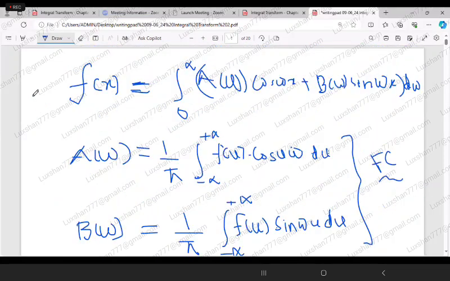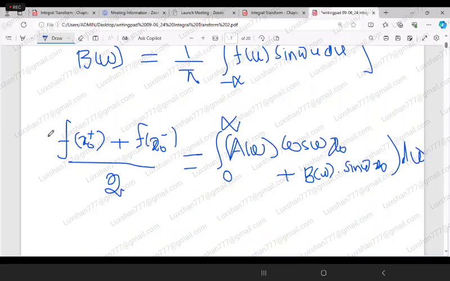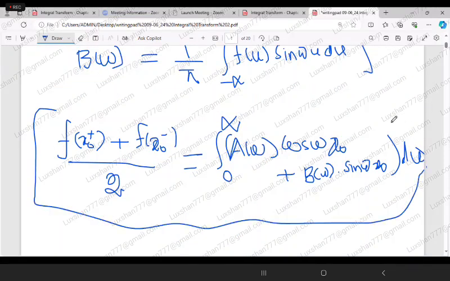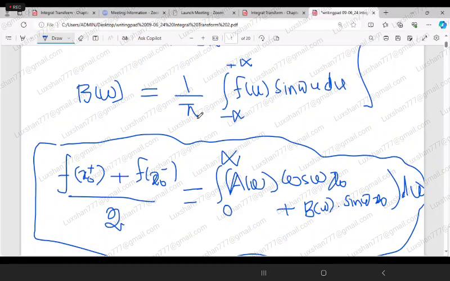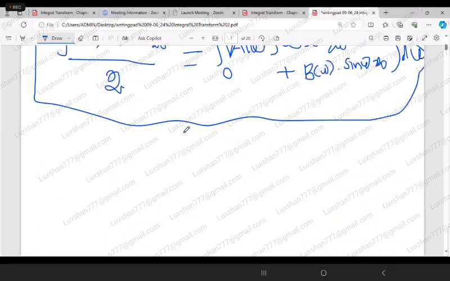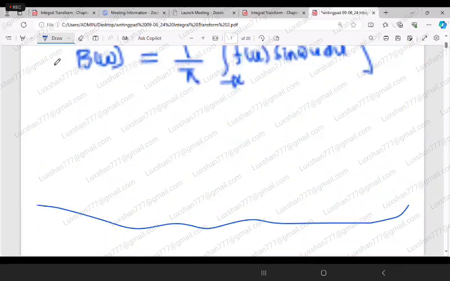At the point of continuity, of course, you can use the first form. At the point of discontinuity, you have to use this form. This is our first thing.